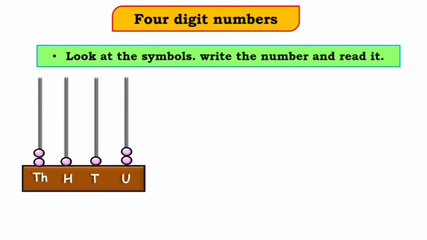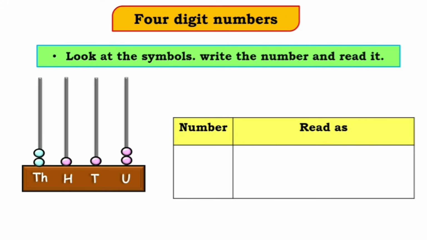Now let us do one more fun activity. Look at the symbols, write the number and read it. Here one number is shown on the abacus and we have to identify the number and read and write that number. So, 2 beads are there in the thousands place. So, we will write 2 in the thousands place. 1 bead shows 100.